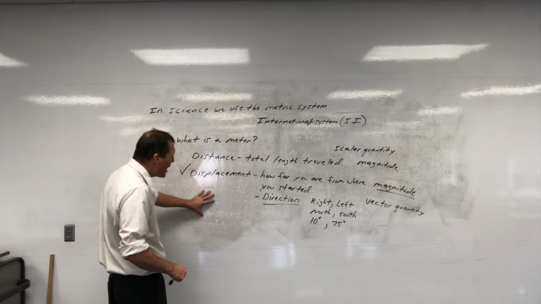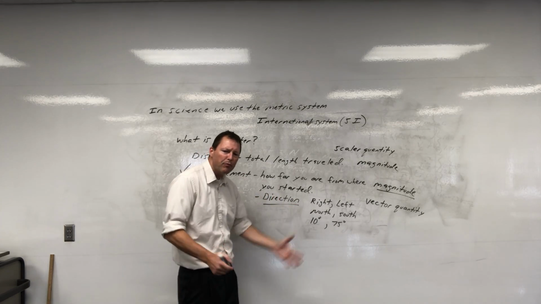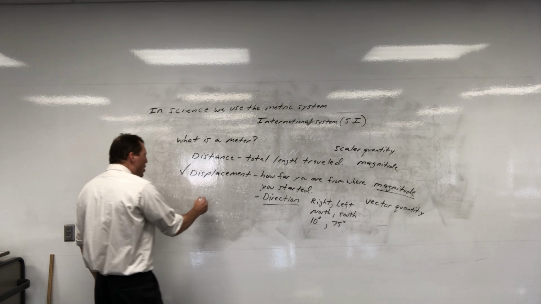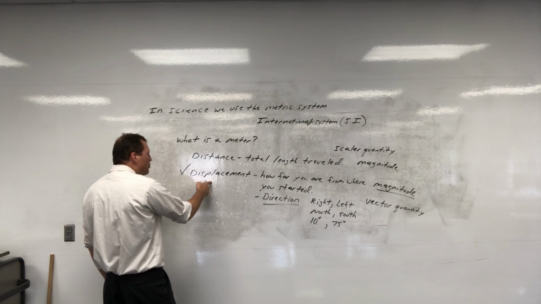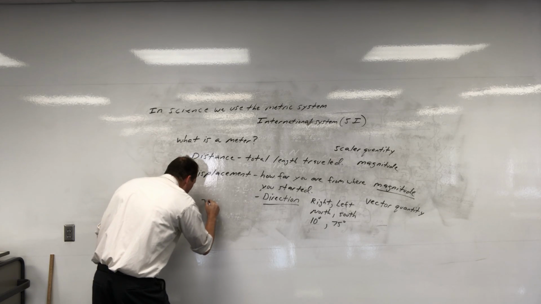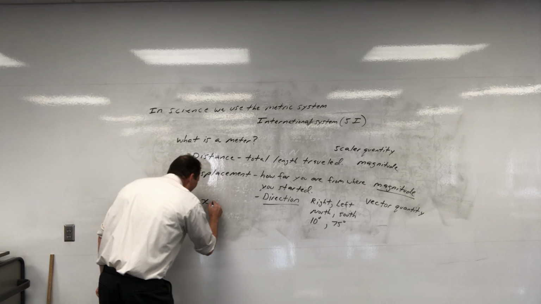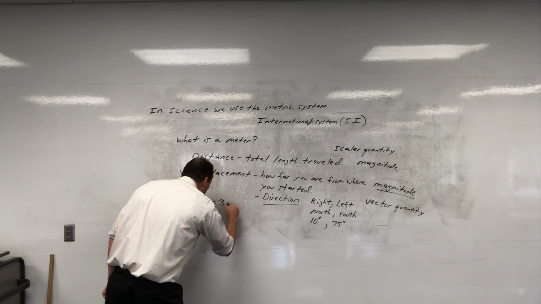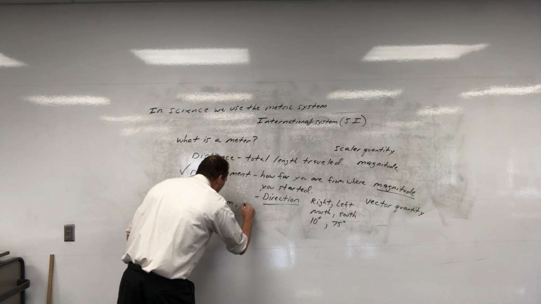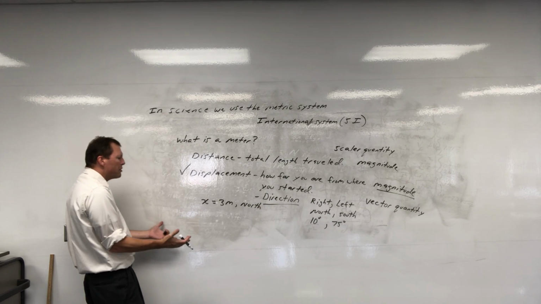Now, how would I actually express a displacement? Oftentimes I'll write it like this. I'm going to use the abbreviation X for displacement. It's got different abbreviations, but I'll use X. And I might write X equals 3 meters north. All right, so what are the parts of this?